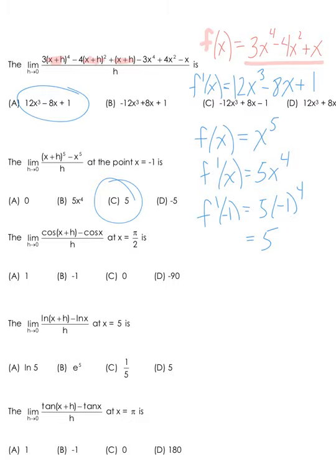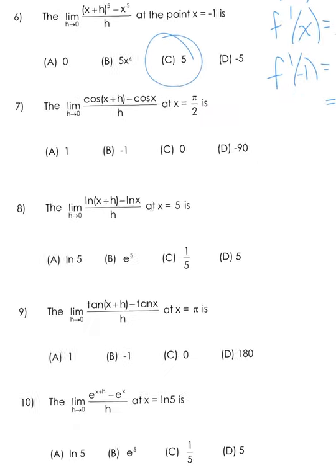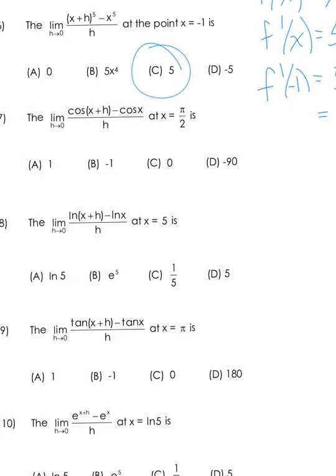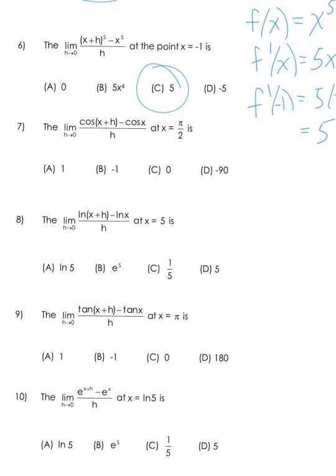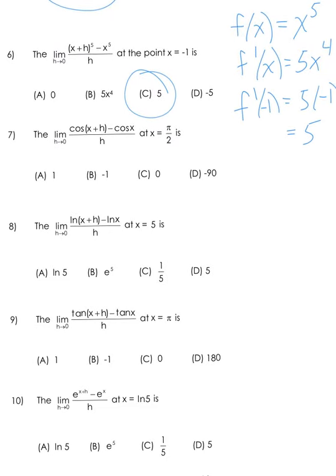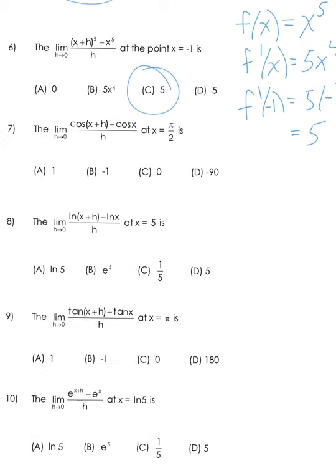Okay, now we're going to get into some of those other derivatives that we were talking about. Hopefully you were watching that video and then tried the homework on your own, because the homework calls up these derivatives just to say, hey, you have to start getting used to them. So in number 7, the function is cosine x.